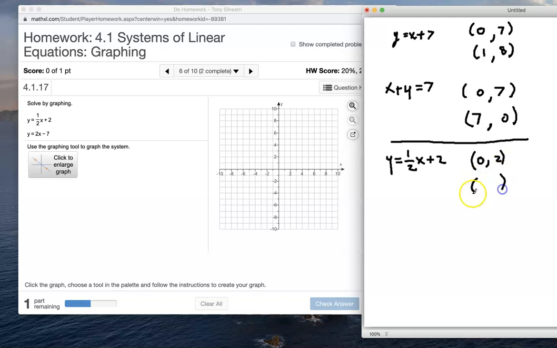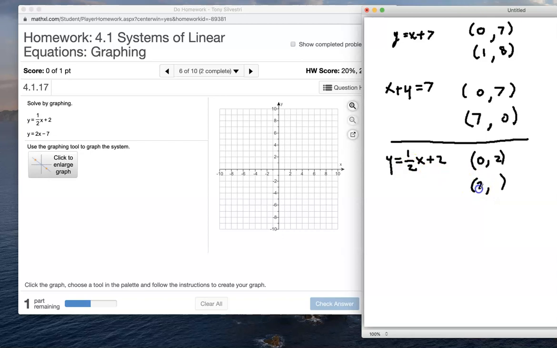Now another point, you might say let x be equal to 1 like we did up here, but the problem with the number 1 is that 1 times 1/2 is 1/2, plus 2 is 2.5, which is 5/2, and there's no way to graph fractions on these graphs. You need to come up with a way to get whole numbers. And the way you get whole numbers is simply to pick a value of x that's equal to the denominator.